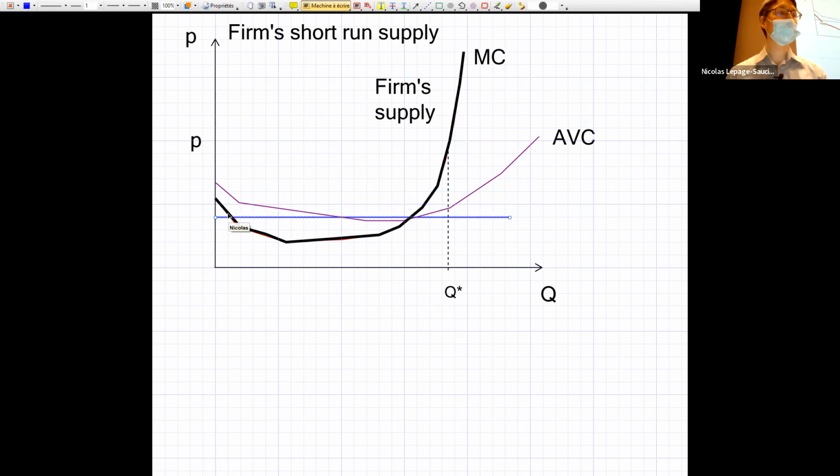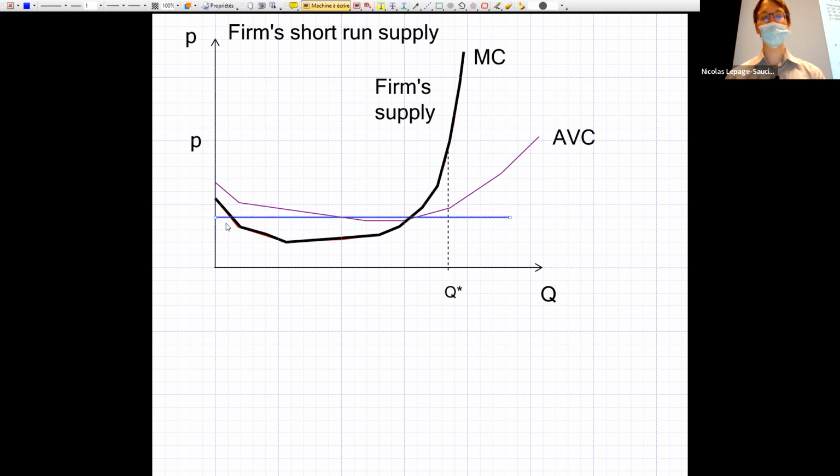But there's another thing that we have discussed before. This was the firm's decision in the short run. So what did we say? We said that the firm chooses to produce if the price is above the average variable cost.